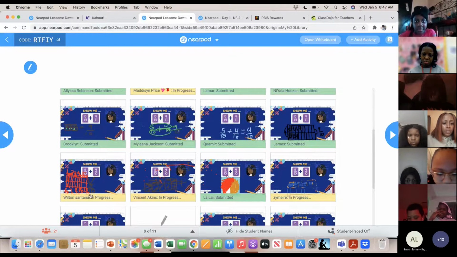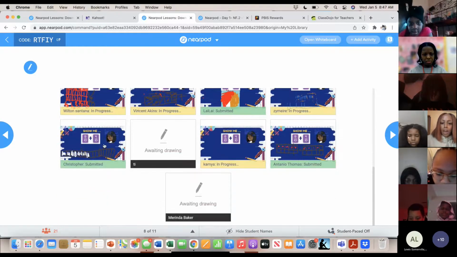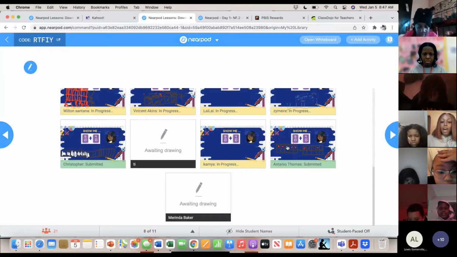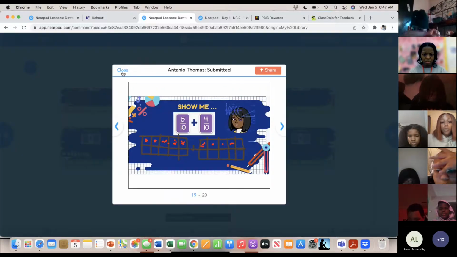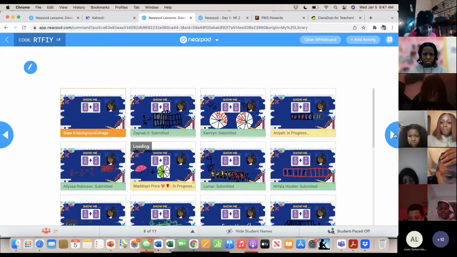Good, Maisha, I see you use standard algorithm to solve yours. Really good, and this is good too, Antonio. He split his into 10s. He still showed 5/10 plus 4/10. This is good as well. I also want the sum. I want to know the answer. So that's good. Great job, everybody.